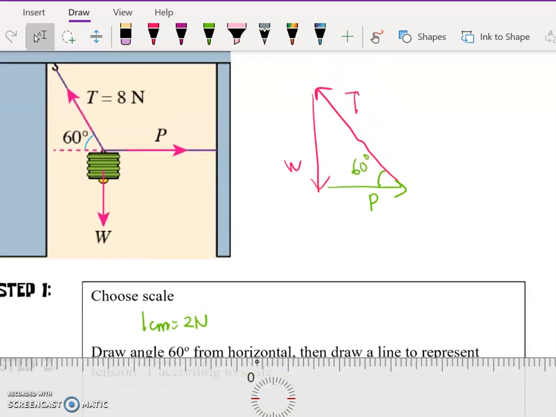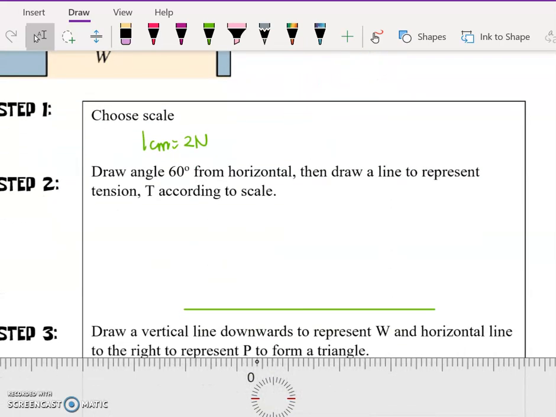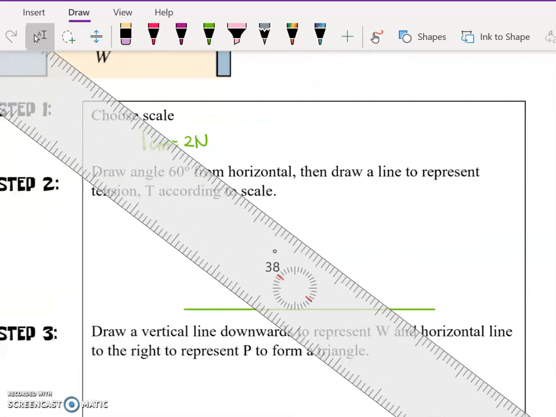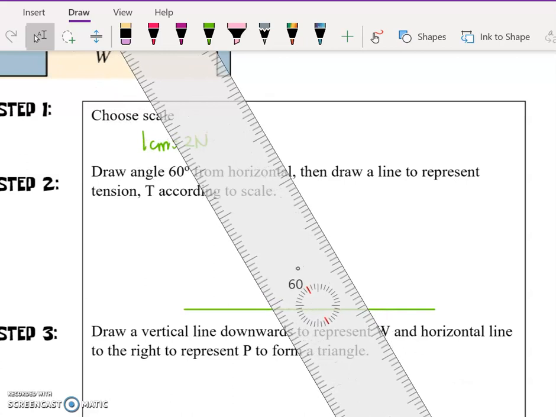What we know is that T is 60 degree from horizontal, so we can use a protractor, find 60 degree, and then draw 4 centimeter line.